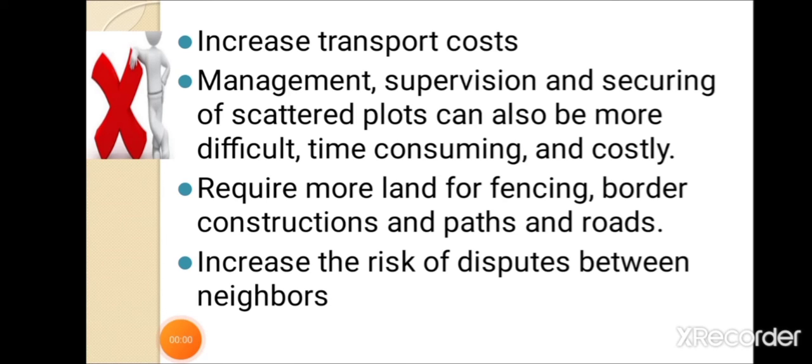Next disadvantage is small scattered plots waste the land area and require more land for fencing, border construction, paths and roads. After that, next disadvantage is that fragmentation might also increase the risk of dispute between neighbors. Next one, small fragmented land holding might also cause difficulty to grow certain crops and prevent the farmers from changing to high profit crops.